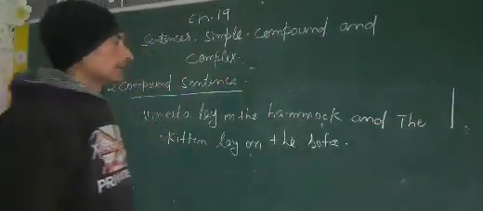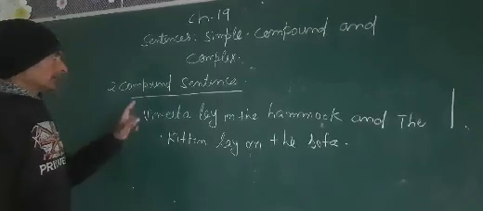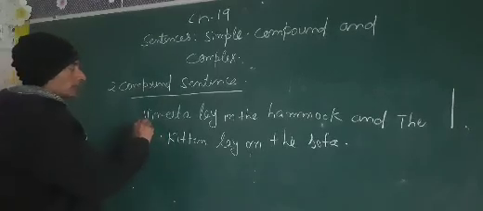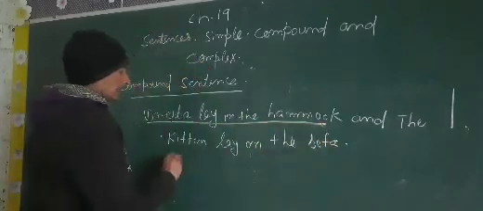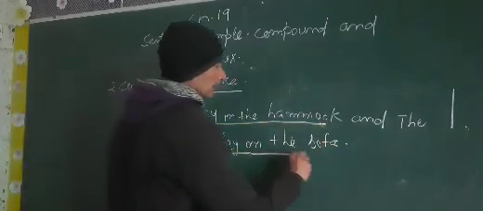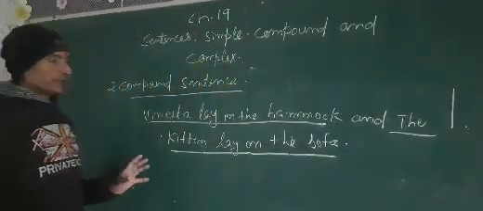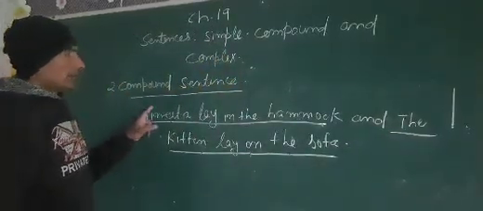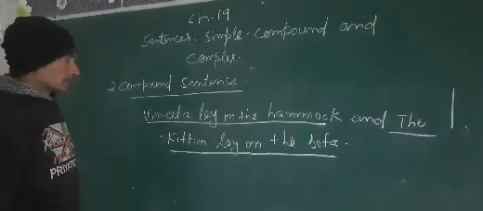The kitten lay on the sofa. It means this compound sentence is having two clauses. One clause, Vinita lay in the hammock, and second, the kitten lay on the sofa. Two clauses means this compound sentence is having two subjects.